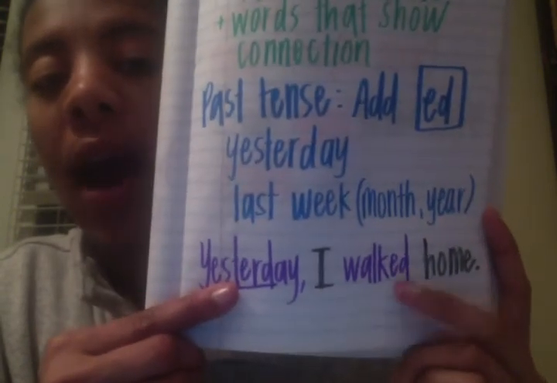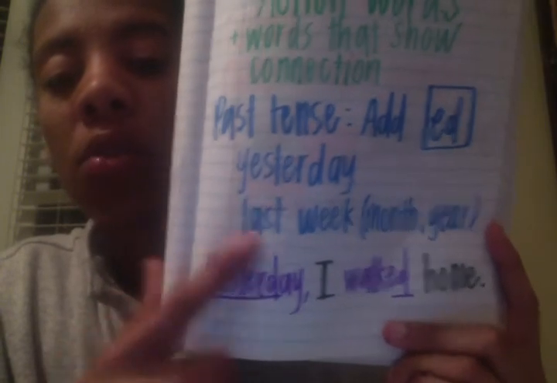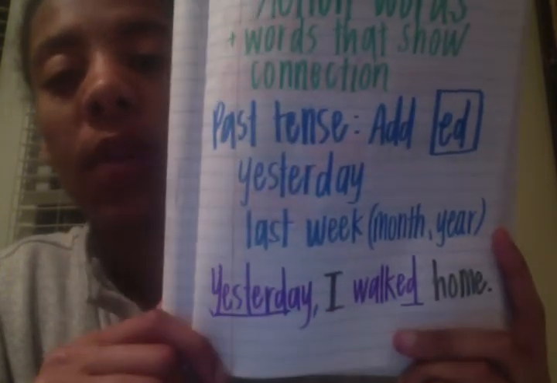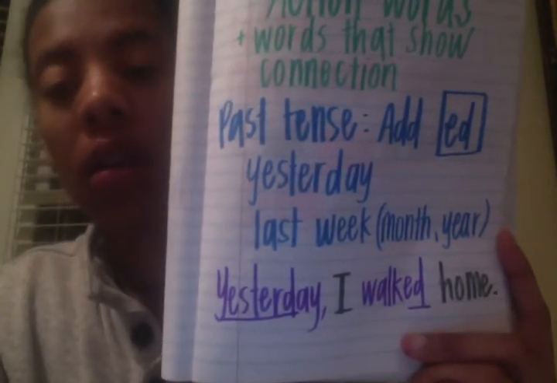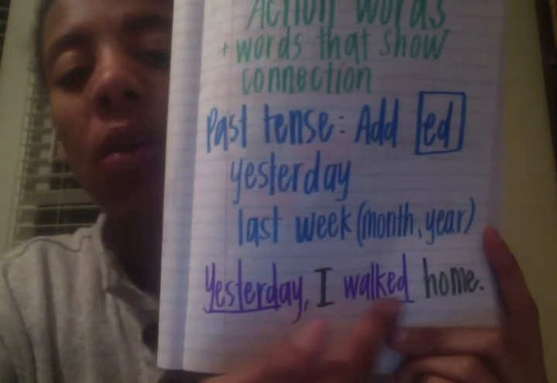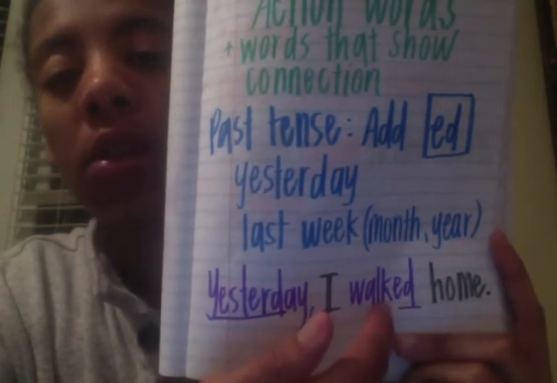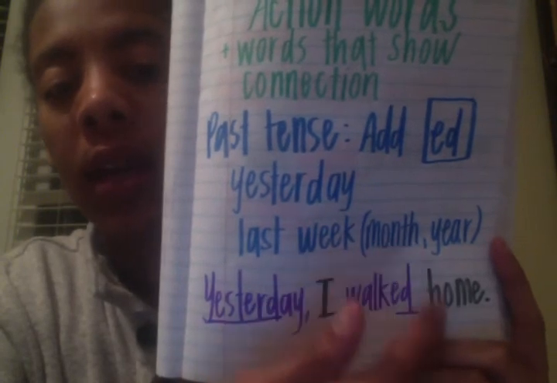Yesterday, I walked home. Yesterday tells me that my verb tense is in the past. It happened yesterday, not today, yesterday. So I have to make my verb into the past tense. And how do I do that? By adding ed.